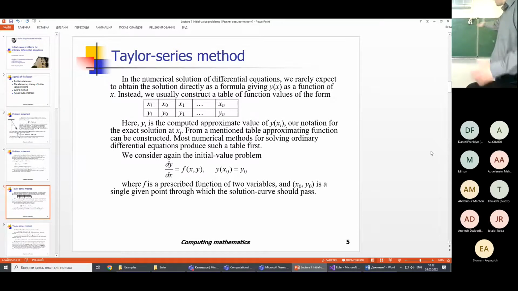And if we have such a table of values, we can construct an approximation to the function y of x. We can do it, for example, using a Lagrange or Newton interpolating polynomial, or we can use the least squares technique to find the function that approximates the values given in the table.